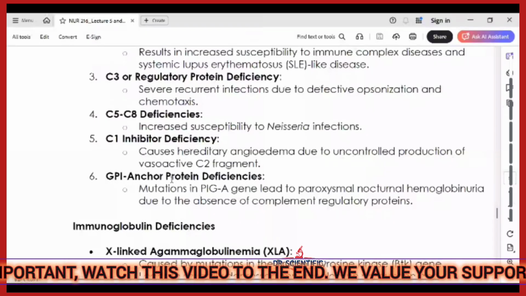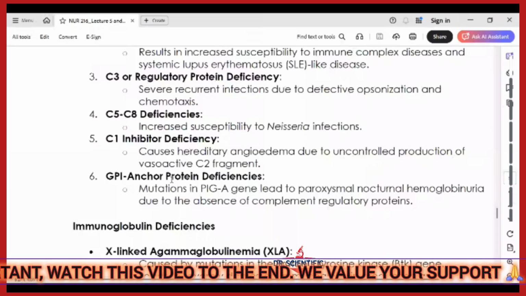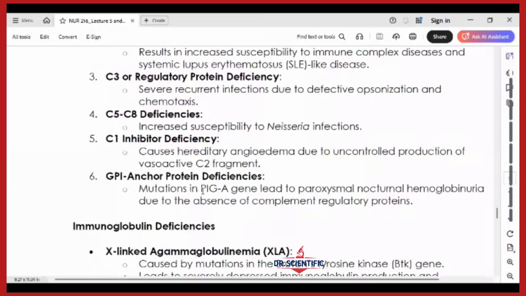Then we have GPI anchor protein deficiencies. These are mutations in the PIGA gene. Individuals end up having paroxysmal nocturnal hemoglobinuria. So these individuals are able to urinate blood, or rather, there are blood proteins in their urine.